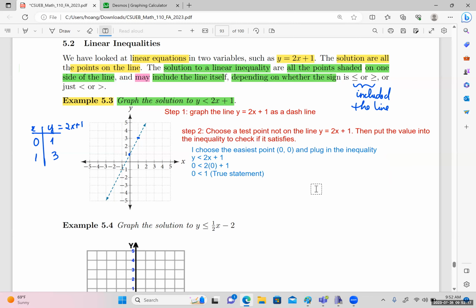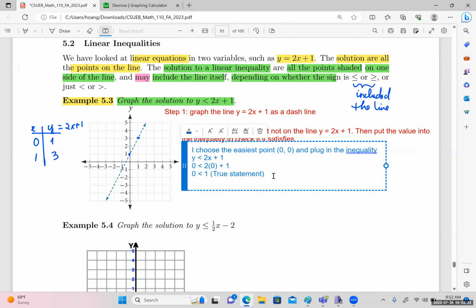So since it's a true statement, then therefore we will shade the area that includes the origin 0, 0.